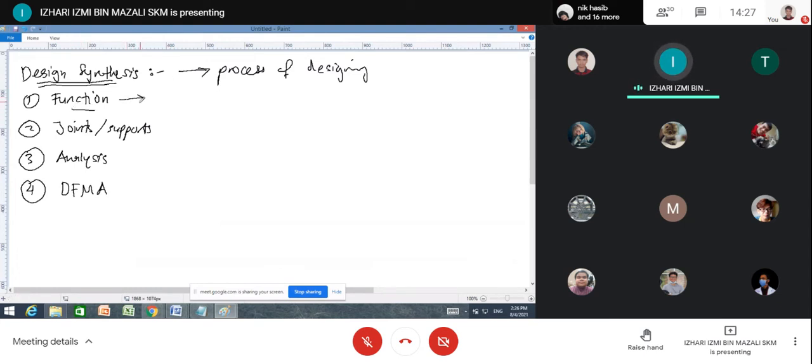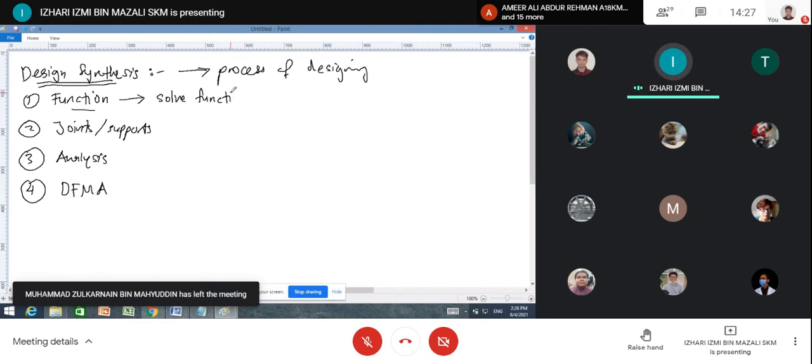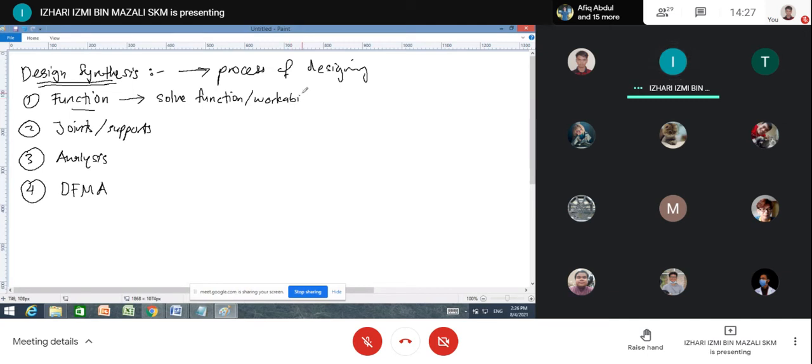Basically, we try to solve the function of the system that we want to produce or to design. Means we want to solve the workability of the system. For example, in the steering system, the function is to steer the wheel.